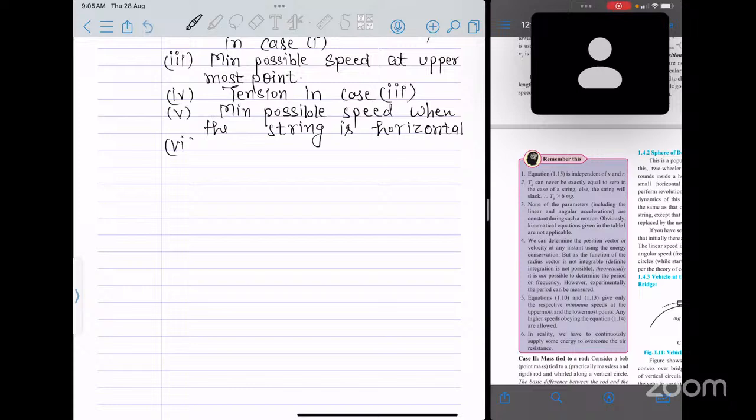Number 6, tension in the string for case 5.